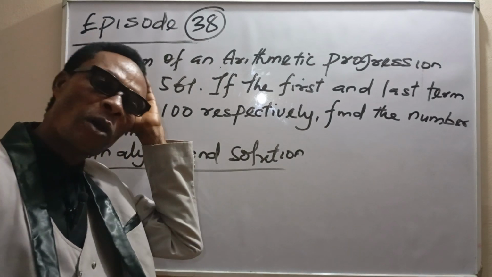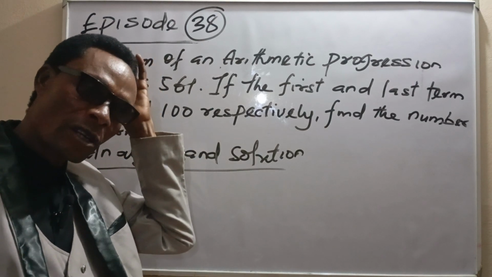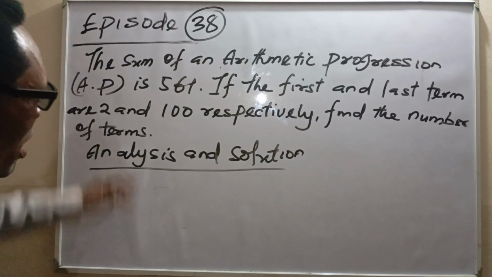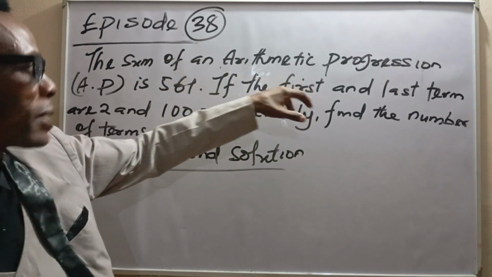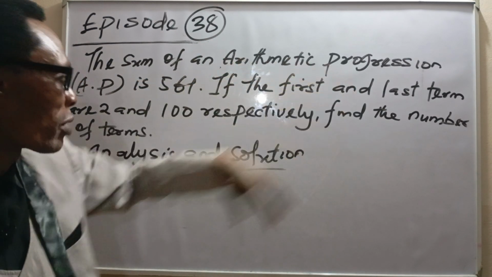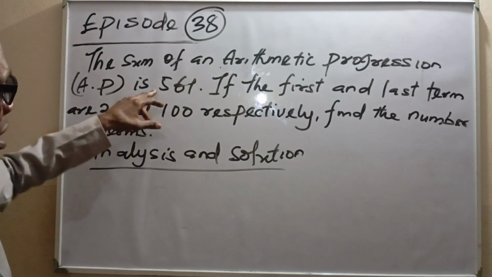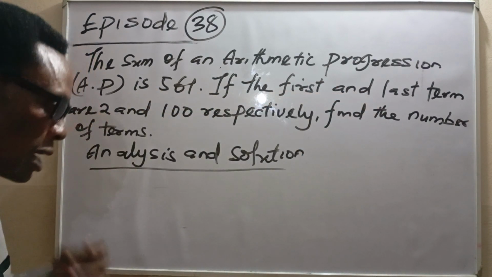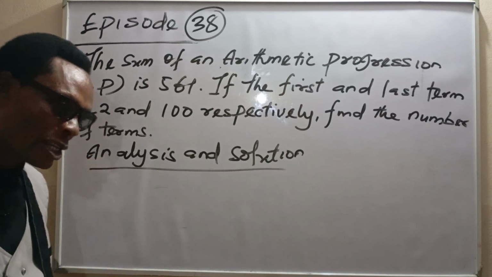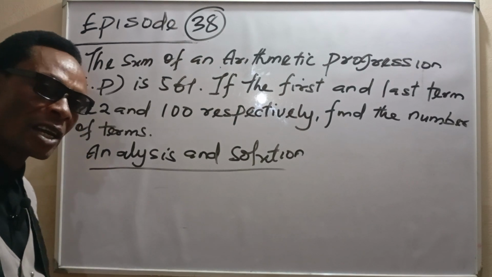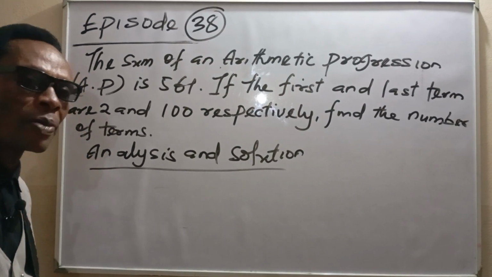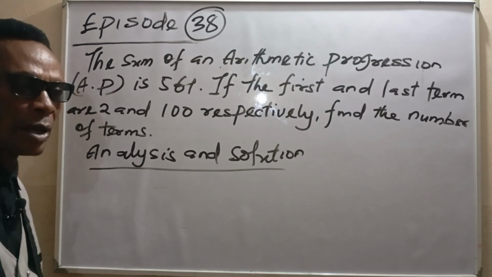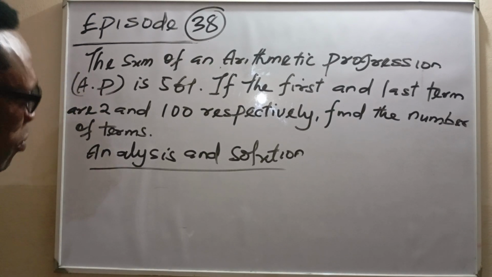We are told that the sum of an AP is 561. The sum of an AP can be expressed in two ways.